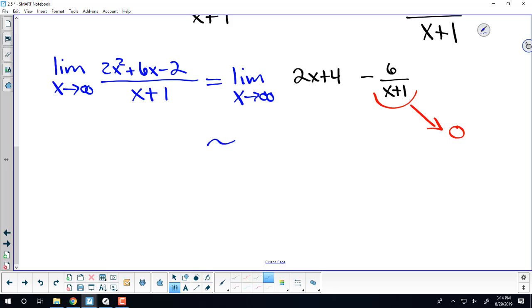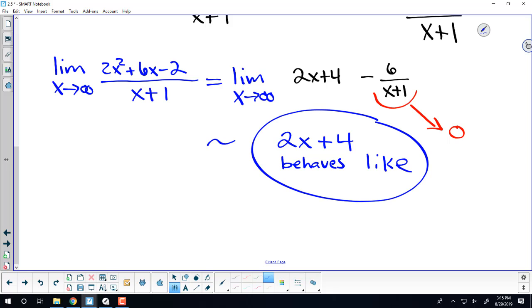What it's saying is that as x approaches infinity, for large values of x, this function behaves like this function. Yeah, the 2x plus 4 is going off to infinity, but as x gets larger and larger, the 6 over x plus 1 approaches 0, so it's not contributing anything to the behavior of that function at all.